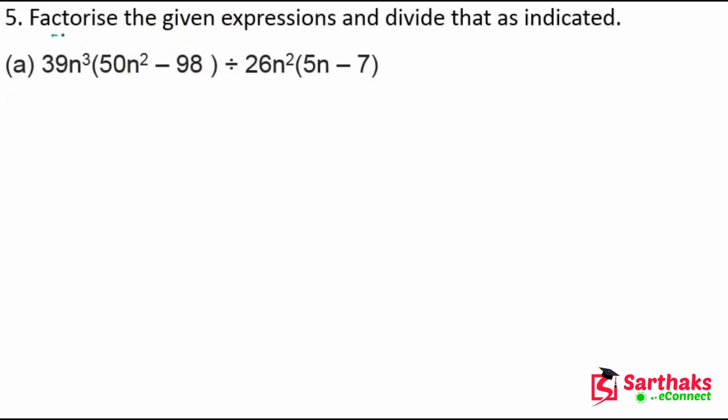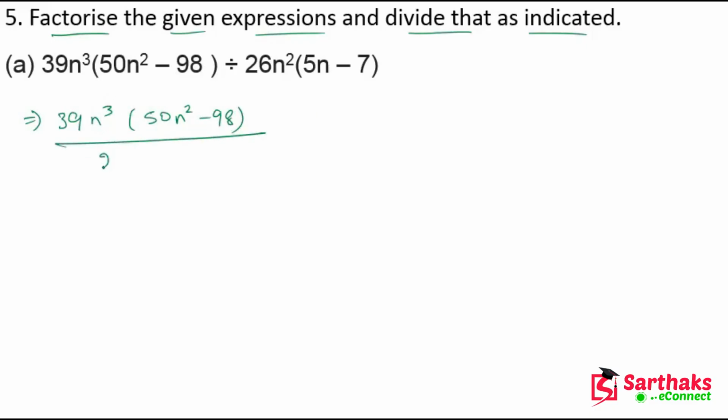Here, now factorize the given expressions and divide as indicated. Okay, now here you can see that we have 39 n cube into 50 n square minus 98, and it is divided by 26 n square into 5n minus 7.